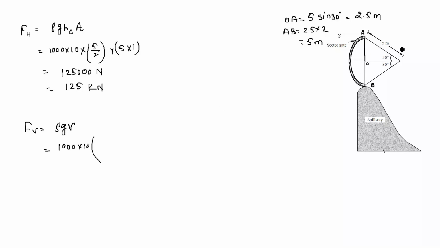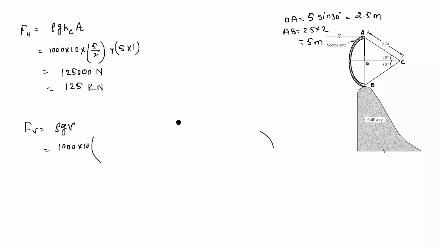Now V can be found if we calculate the total area minus the area of this triangle, suppose this is C. If we subtract the area of the triangle from the total area, then we can find the area of the sector gate.